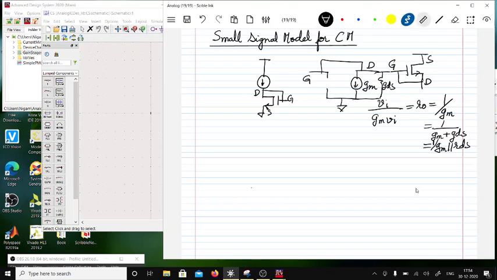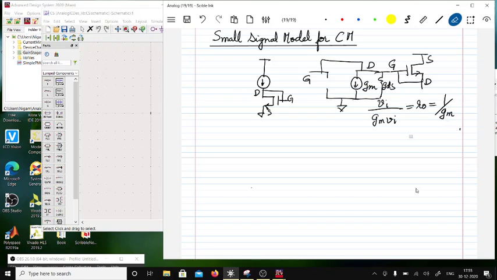I made a mistake here, sorry. This is a parallel combination, so it will not be like this. 1 over GM is the resistance. So right now we have a parallel combination, right?